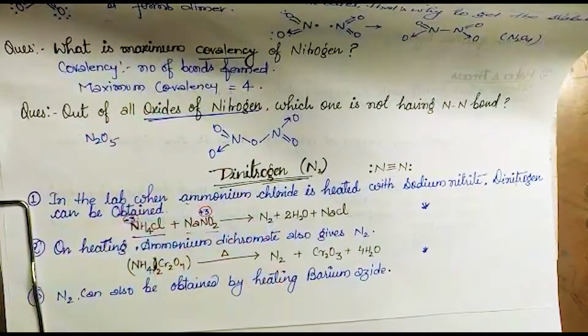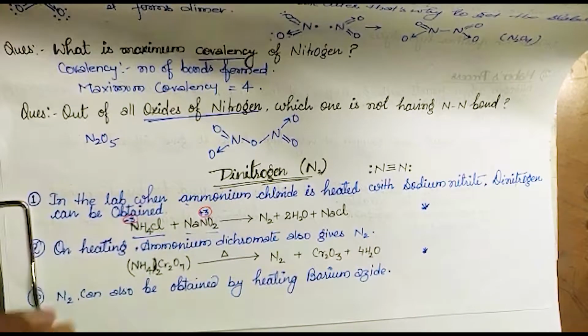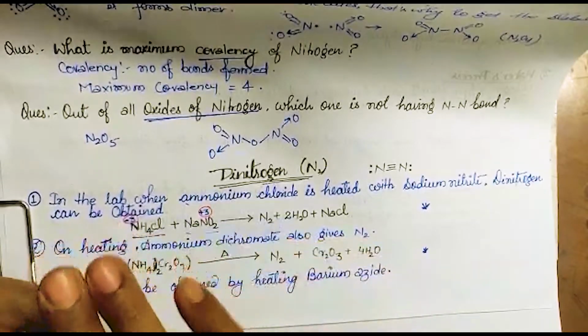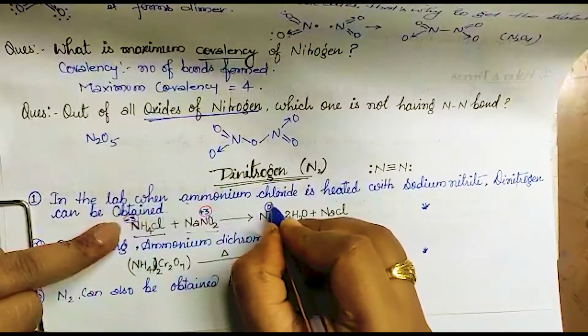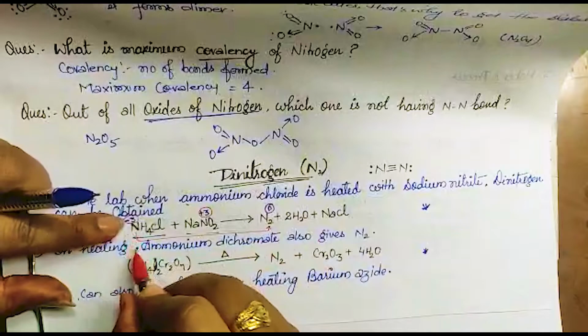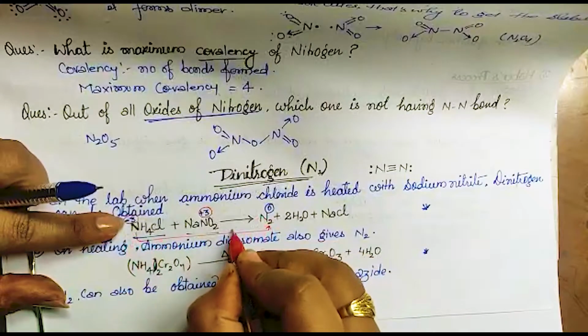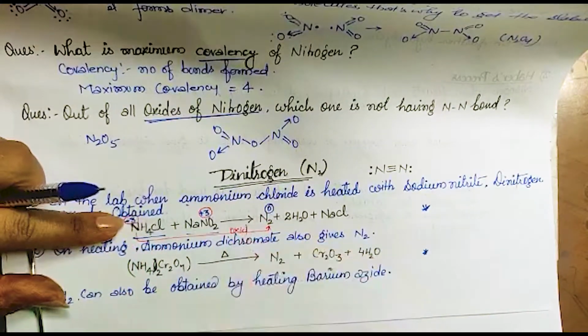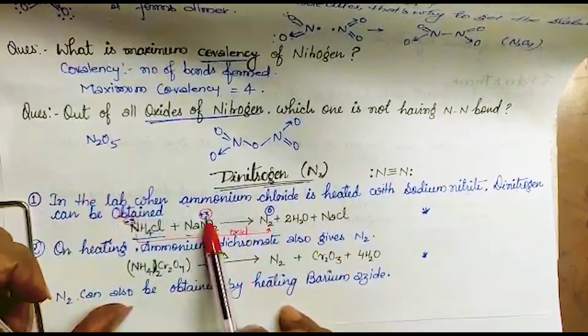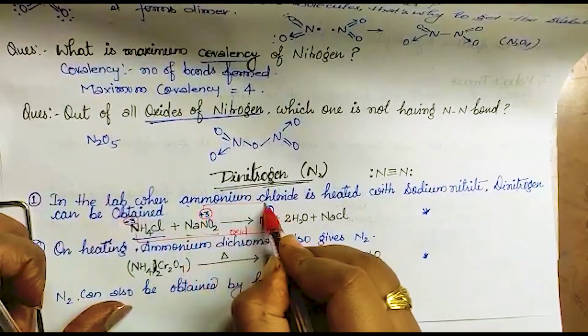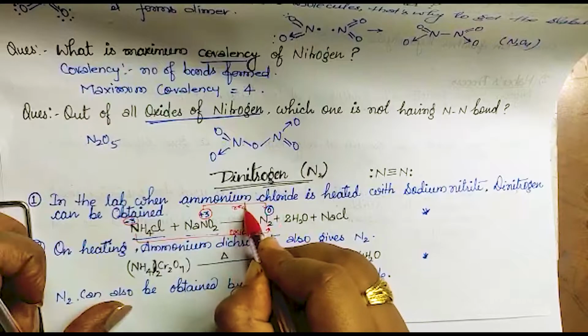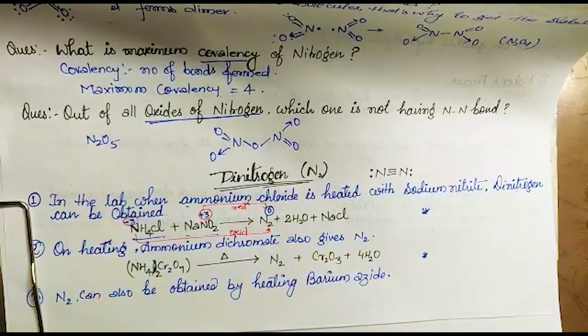Because I told you that oxidation and reduction both should be there. So you just think that N2 will form, which is in the 0 state. You can see that this nitrogen is undergoing oxidation, and here this nitrogen is undergoing reduction. So the condition that oxidation and reduction both occur simultaneously is fulfilled here.